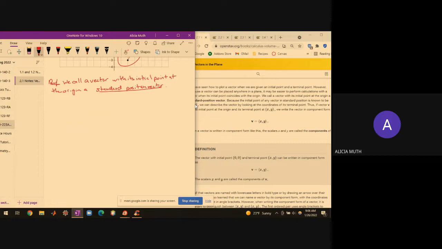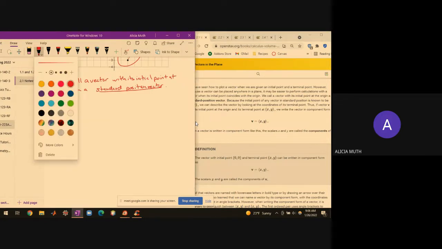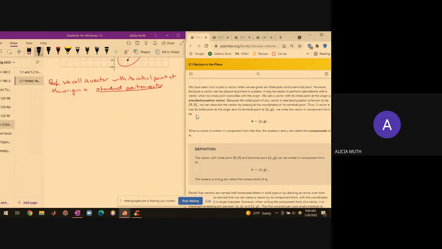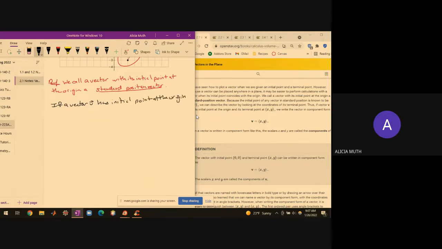All right, so from there, if a vector v has its initial point at the origin, and terminal point at the coordinate x, comma, y, then we can write the vector in what's called component form.